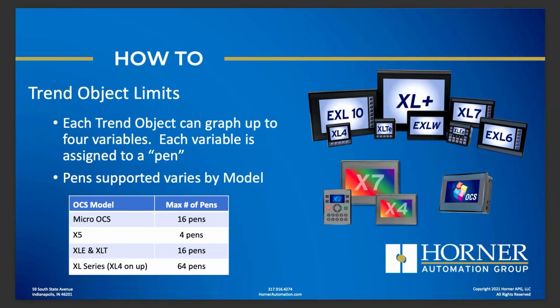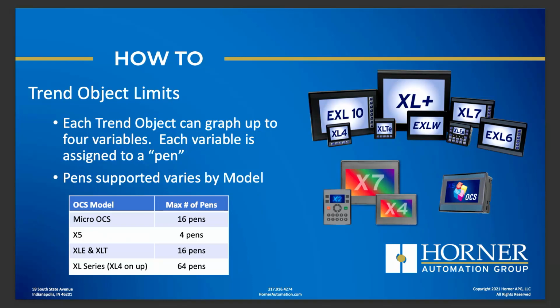All right, let's talk about how many trend objects you can use in any given OCS project. Okay, well, the limitation really isn't in the number of trend graphs itself for the whole project. The limit really is in what we call the number of pens. Now, for any one given trend, you could have as many as 4 pens being graphed simultaneously on that trend graph.